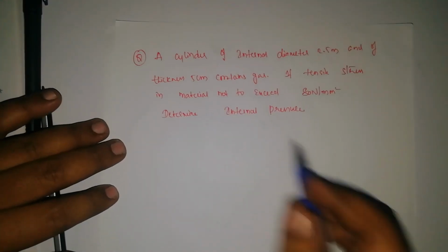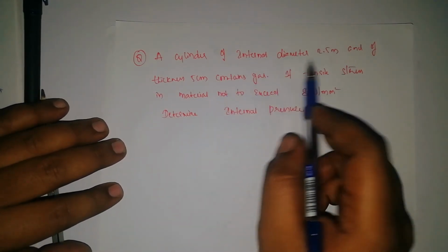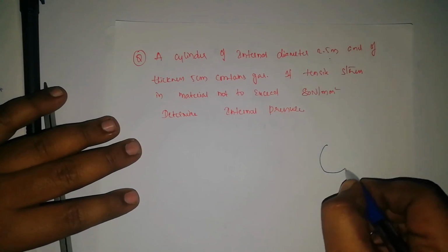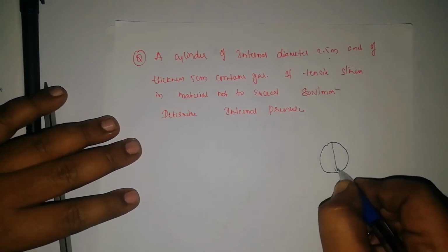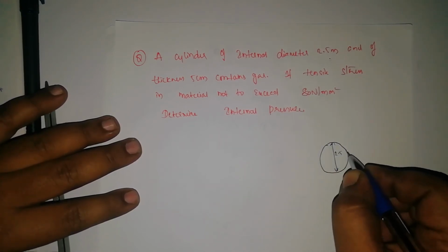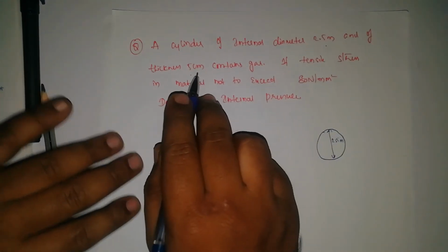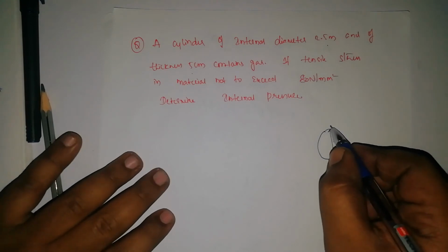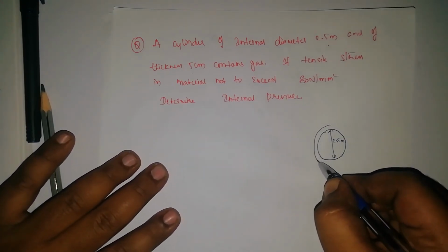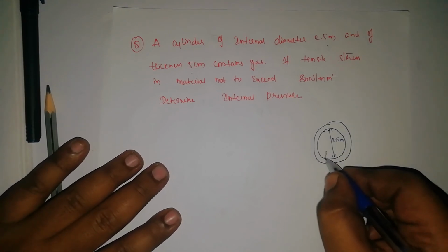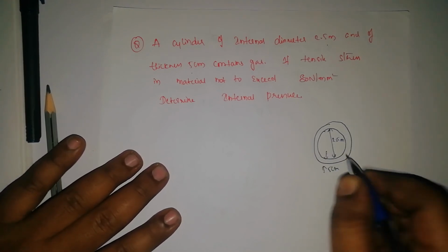The question has been given like this: a cylinder of internal diameter 2.5, okay. This is in meters, and the thickness is given as 5 centimeter.